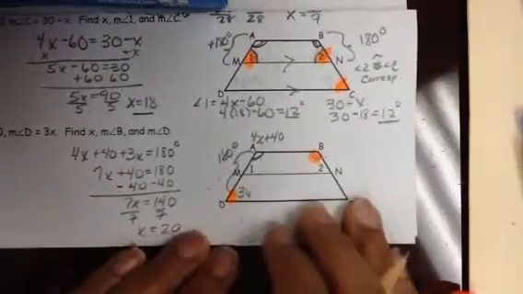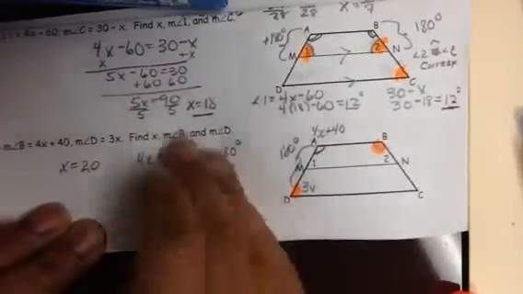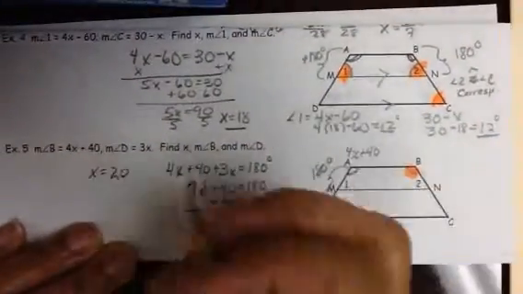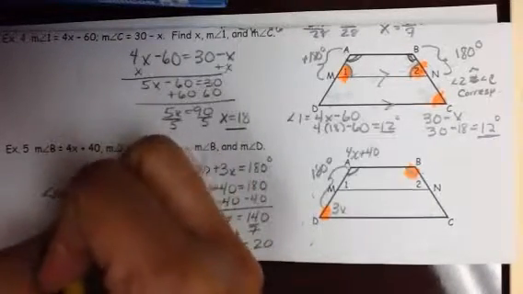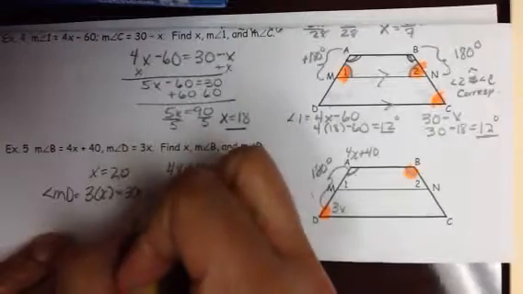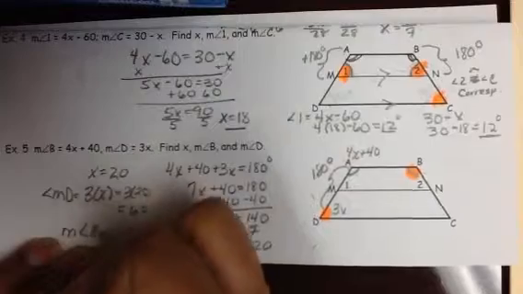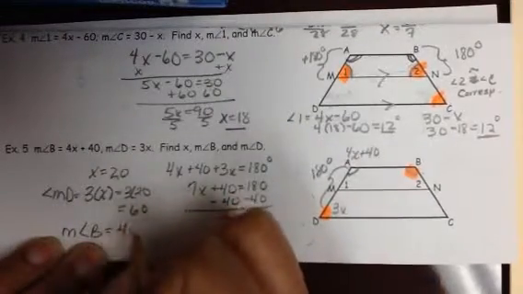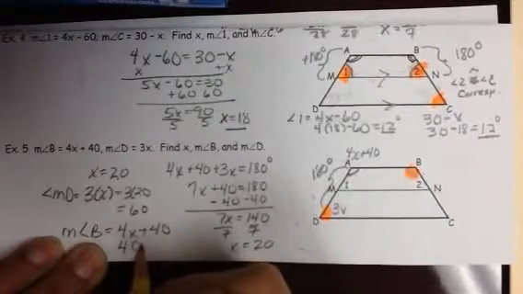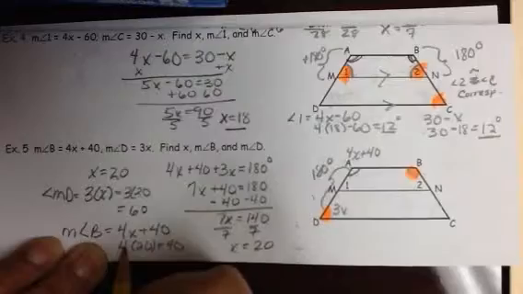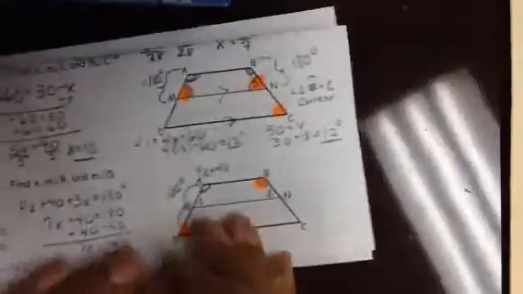All right? So if x equals 20, then 3 times x, which is the measure of angle D, has to equal 60. And the measure of angle B, which is 4x plus 40, or 4 times 20 plus 40, or 80 plus 40, has to equal 120, which makes sense.